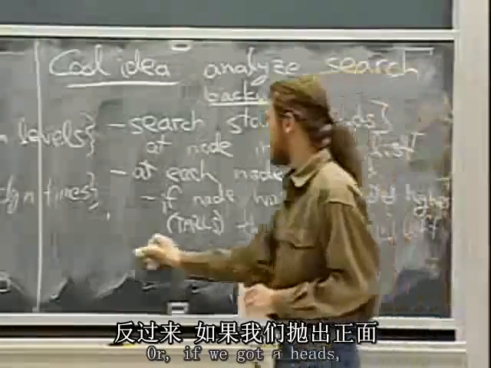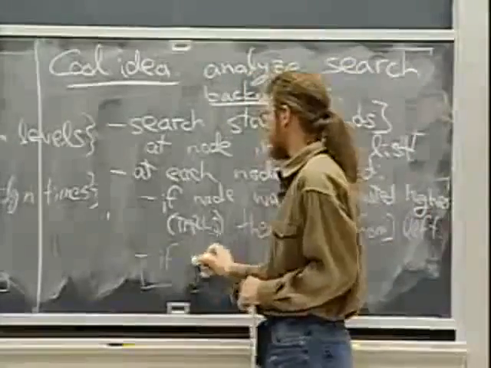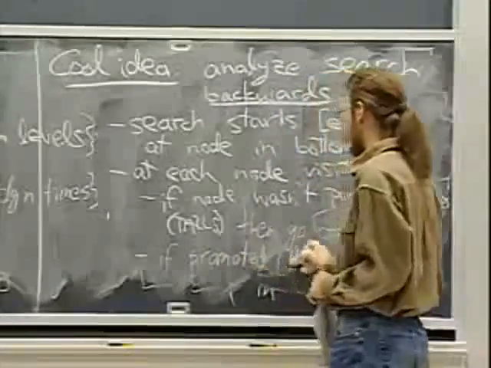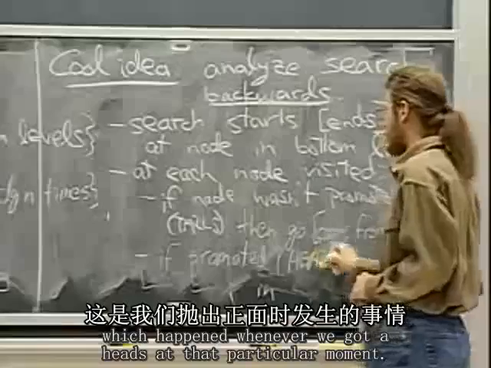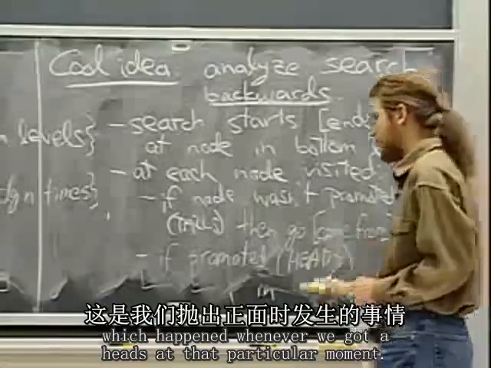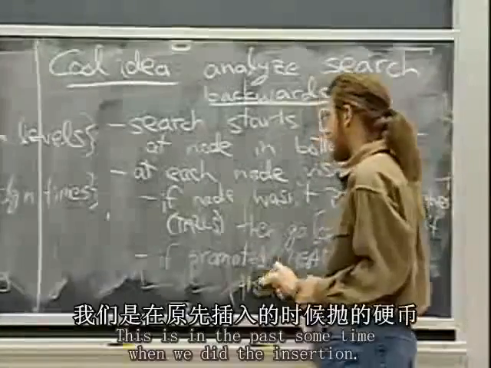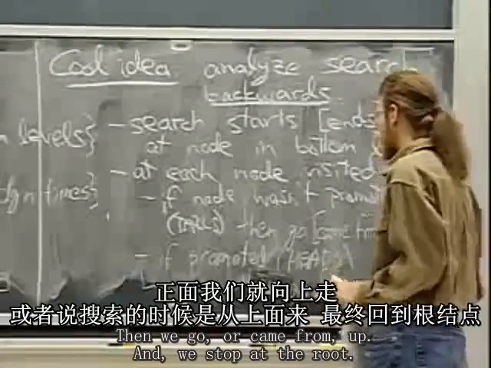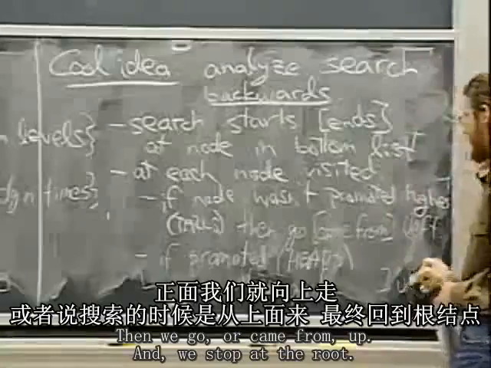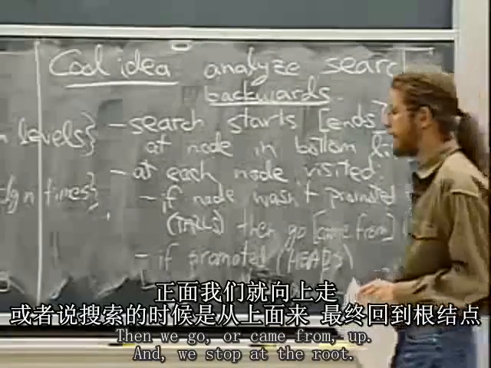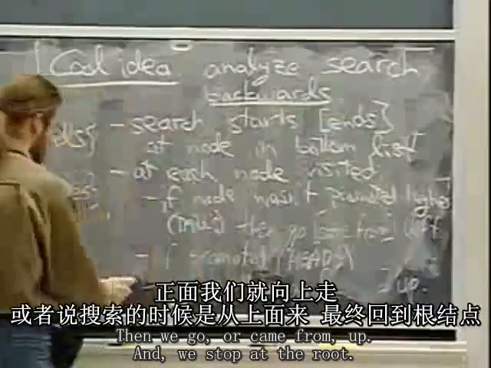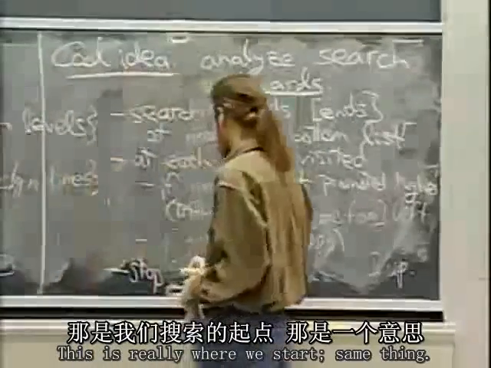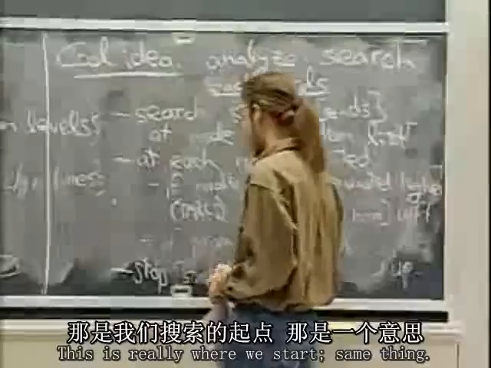Or if we got a heads, so if this node was promoted to the next level, which happened whenever we got a heads at that particular moment, this is in the past sometime when we did the insertion, then we go, or came from, up. And we stop at the root, or this is really where we start. Same thing.